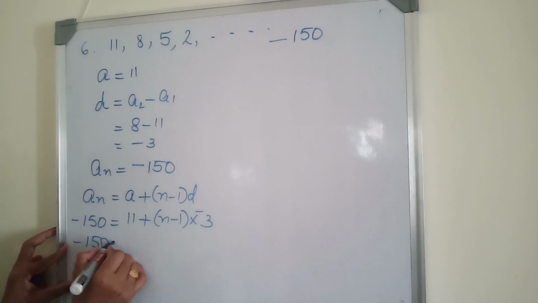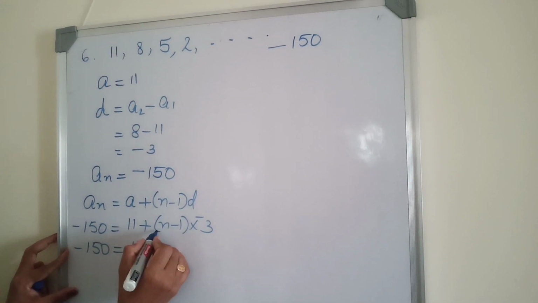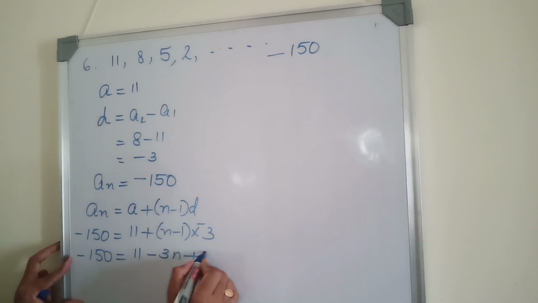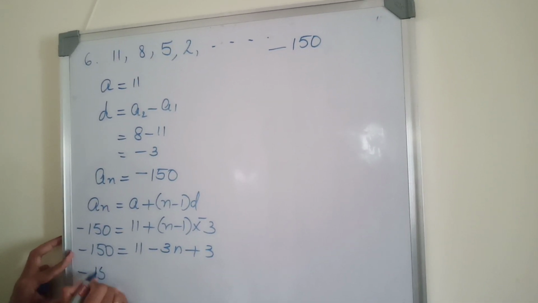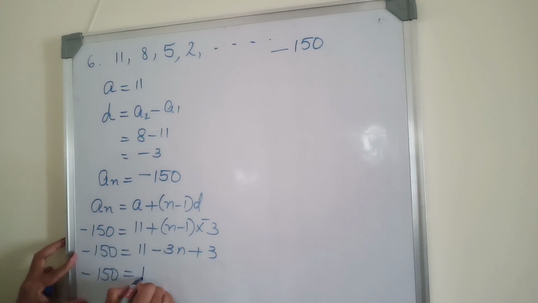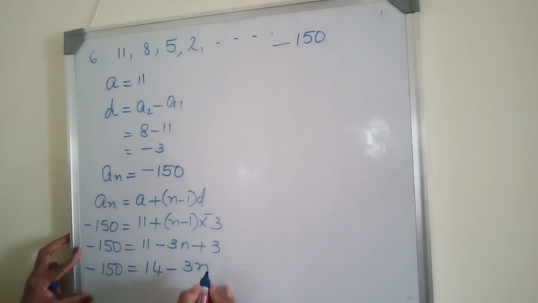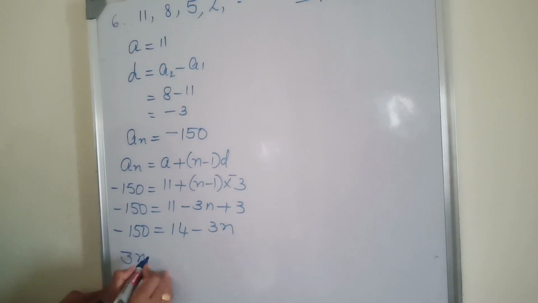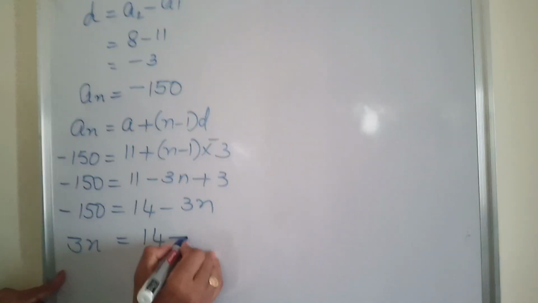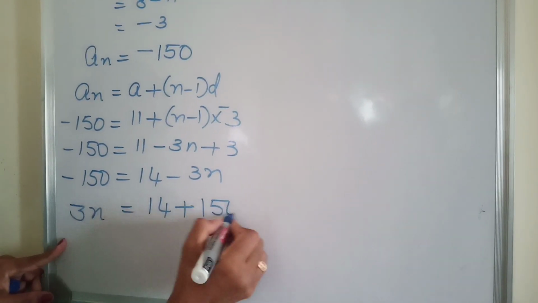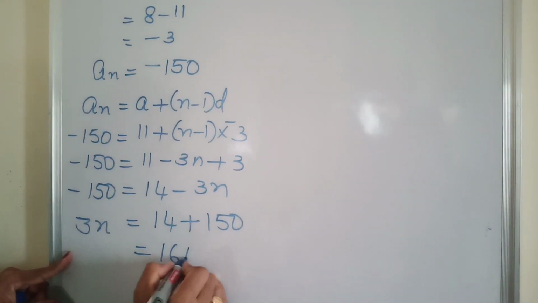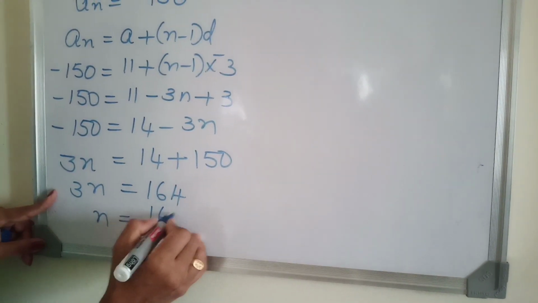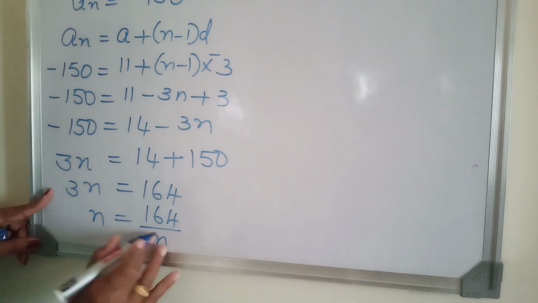Minus 150 equals 11, n into minus 3, minus 3n, minus into minus plus 3. So minus 150 equals 11 plus 3 is 14, 14 minus 3n. We'll take minus 3n to the left side so that it will become plus 3n. Here it is 14 plus 150. So this will become 164. 3n equals 164. n equals 164 by 3.